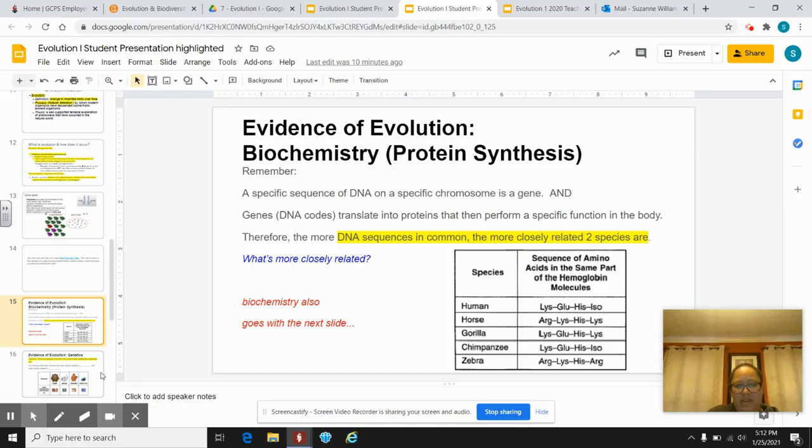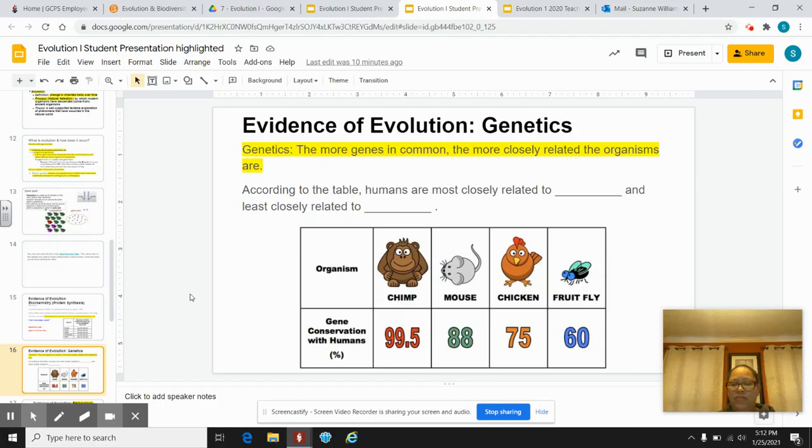Tied with that is genetics. If you are given the genome, all of the DNA that makes you you, so all 23 of your chromosomes, say, you can compare it to the genome of another species and look at the percentage that you have in common. The higher the percentage, the more closely related.